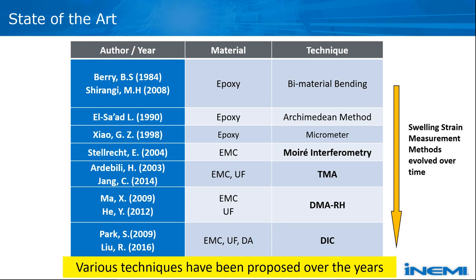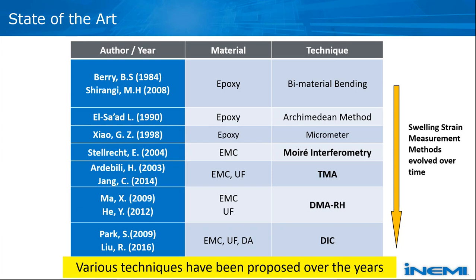Later, in the 90s, there was the Archimedean method that was introduced. It's based on displacement of a liquid volume to measure the increase in swelling volume. As you can imagine, it may also not be sensitive enough to detect very small strain changes. Then there's the use of the micrometer, which we also know has limited sensitivity.